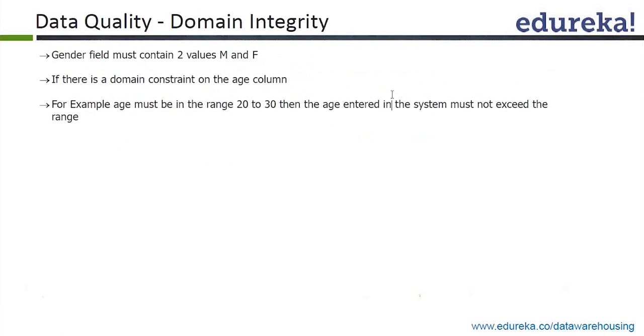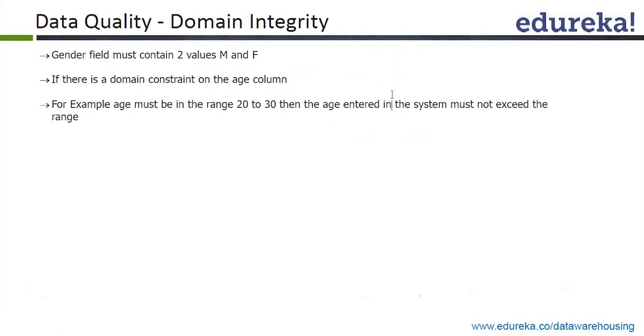Another one, we actually discussed this parameter before in the data anomalies, which is domain integrity. The example they are giving here is the gender field must contain two values, M and F. So this is the domain of the data. Any set of values has a union set, right?